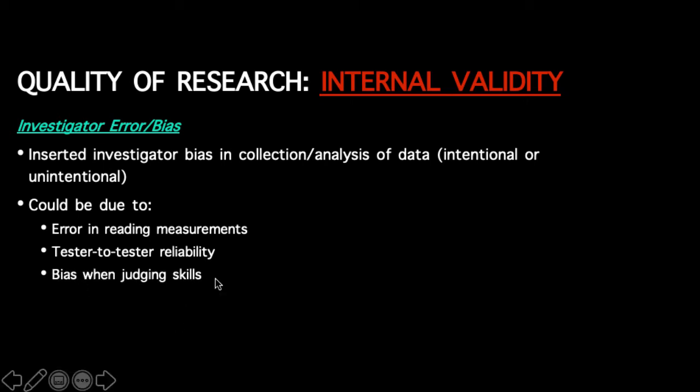We could have bias when judging skills. If a person is using a set of criteria, as long as you have some type of criteria, that would help eliminate bias. You can think about this in terms of grading. I use grading rubrics, and the rubrics are based on certain components that you have included in an answer or not included in an answer.